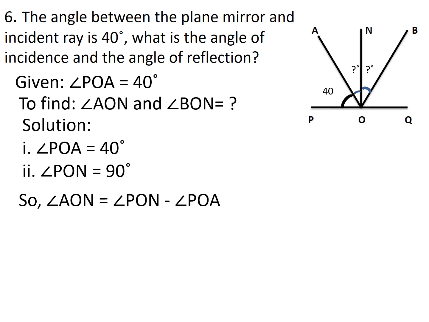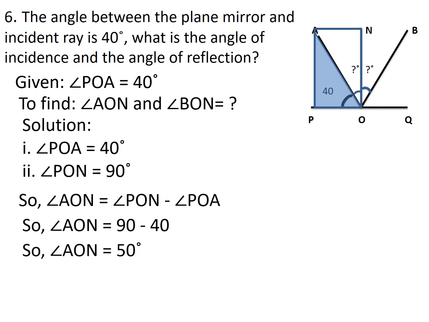Let's just color it and see. I know this entire region is 90, so I know PON is 90. From that, if I subtract what I know, I will get what is unknown. So angle AON is equal to 90 minus 40. If I do 90 minus 40, I get AON is equal to 50 degrees.